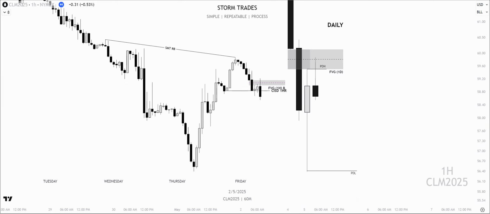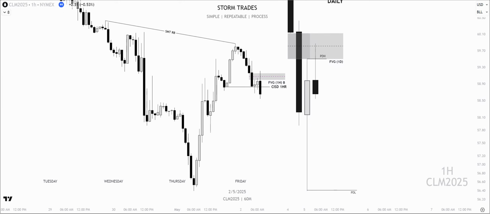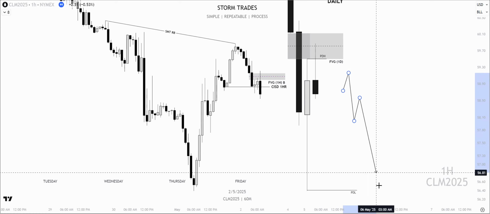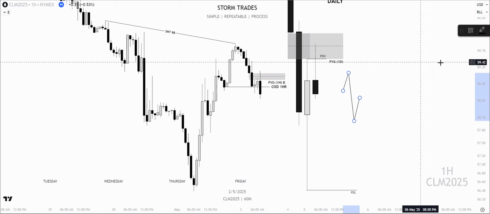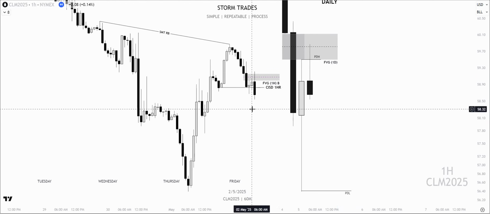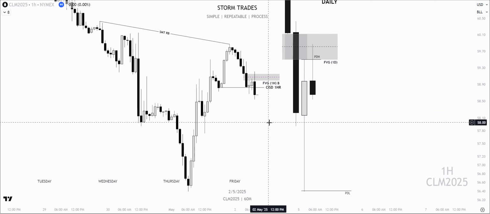At news, this is my plan: to see some sort of a manipulation up and then a distribution down. So let's go to the next hourly candle.